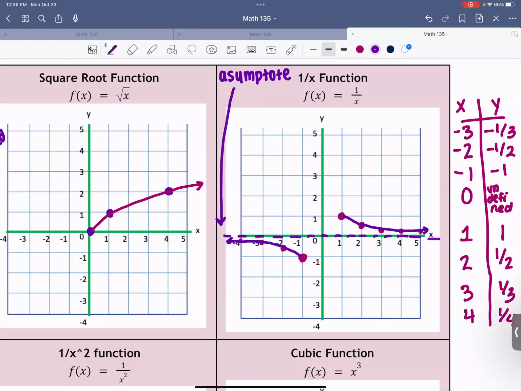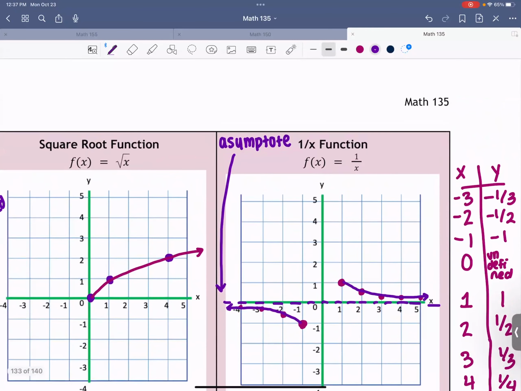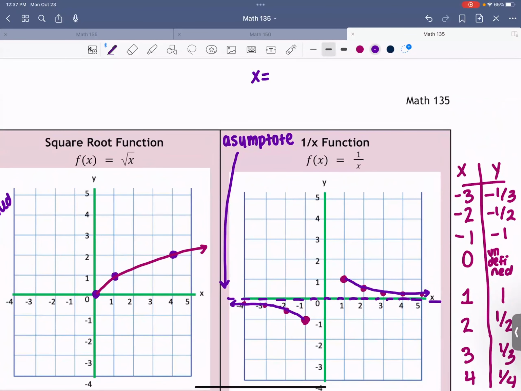Okay. Well, let's think about what happens in between, right? I know that the graph doesn't exist when x is 0, but let's think about what happens when x is, I don't know, a half, okay? When x is a half, or 0.5, that means y is 1 over 0.5, which is 2, okay?